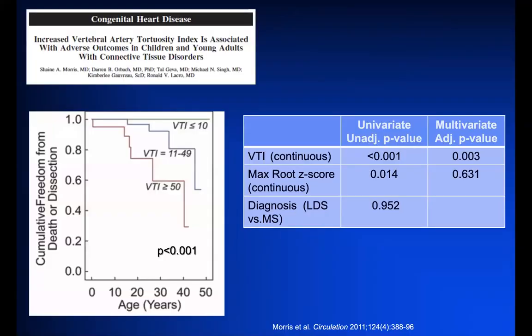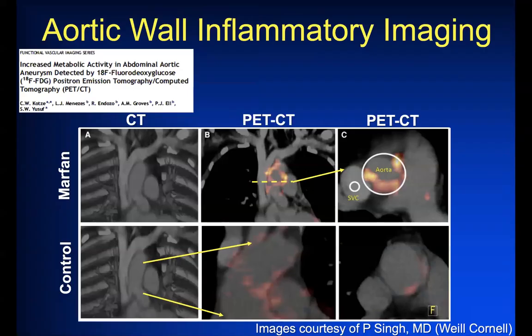What one can see is that vertebral tortuosity, an index of loading alterations on the aortic branch vessels, independently predicted subsequent events, even after controlling for diagnosis, as well as aortic size itself, highlighting this as a potentially novel marker of subsequent dissection risk.